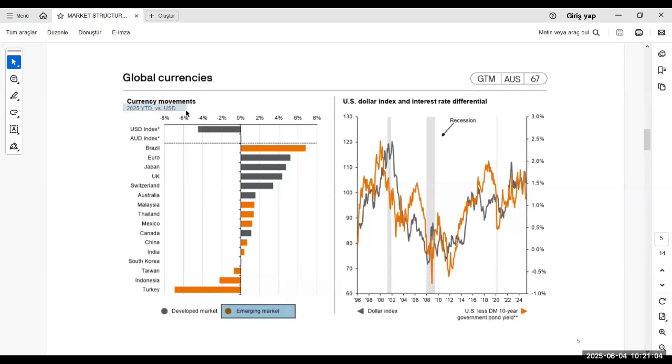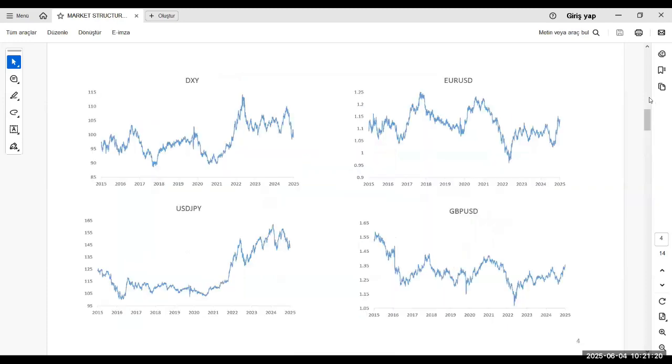What is this calculation? 2025 year to date, meaning from January till June, you will see their movement against the United States dollar. And this is the USD index, the DXY. This USD index, meaning this one. Okay, this is your USD index.